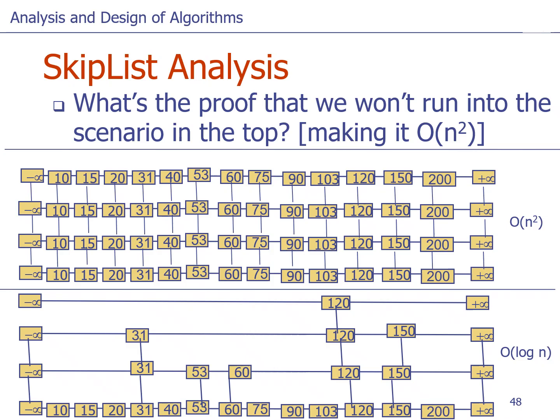I don't have to start from the beginning of the linked list at level 0 and scan all the entries 10, 15, 20, 31, 40, 53, 60, 75, 90, 103, 120, 150. Oh, I found the 200. No, this is not how it works. I start from the top level, this is level 0, level 1, level 2, level 3, and I jump to the 120, and then I jump to 150, and then I find myself landing at the 200. So it looks like it's going to work.